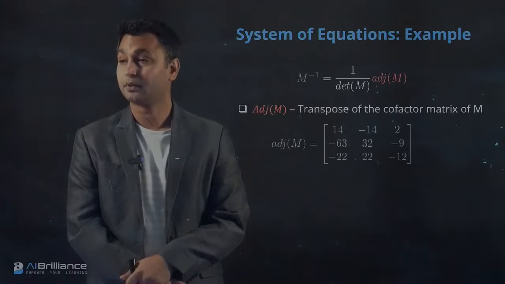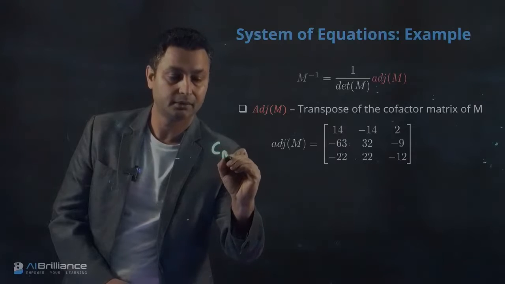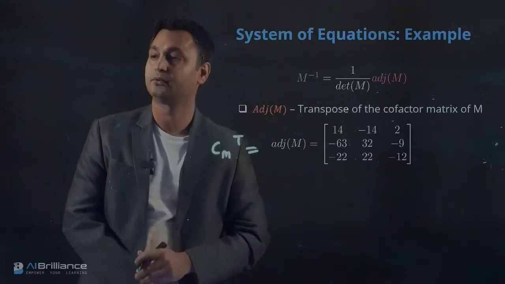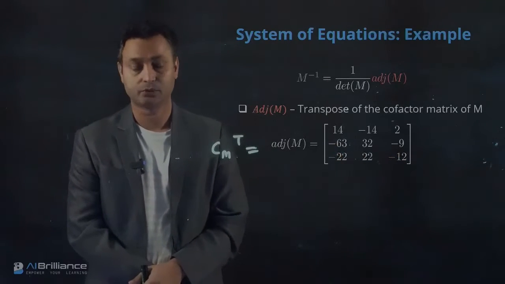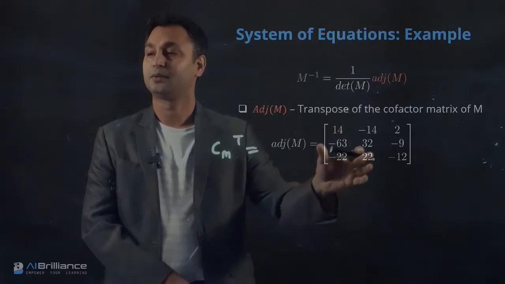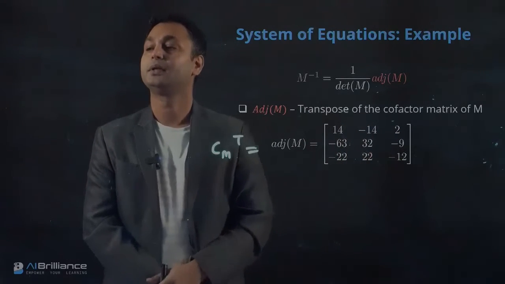Remember, the adjoint is essentially the cofactor matrix transpose. That is equal to the adjoint, and this is where the matrix from the previous slide is transposed here, and now that column has become a row. Okay, and we get this adjoint.